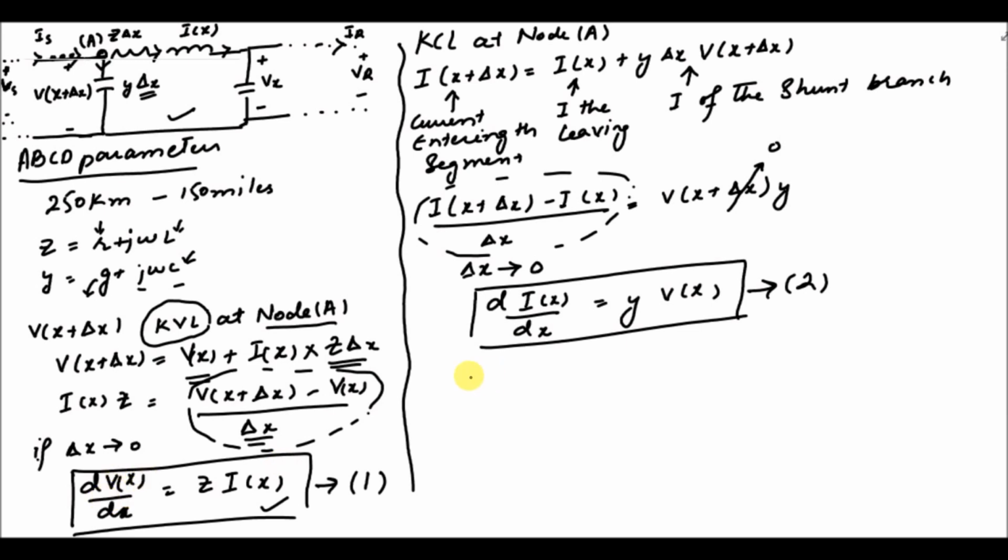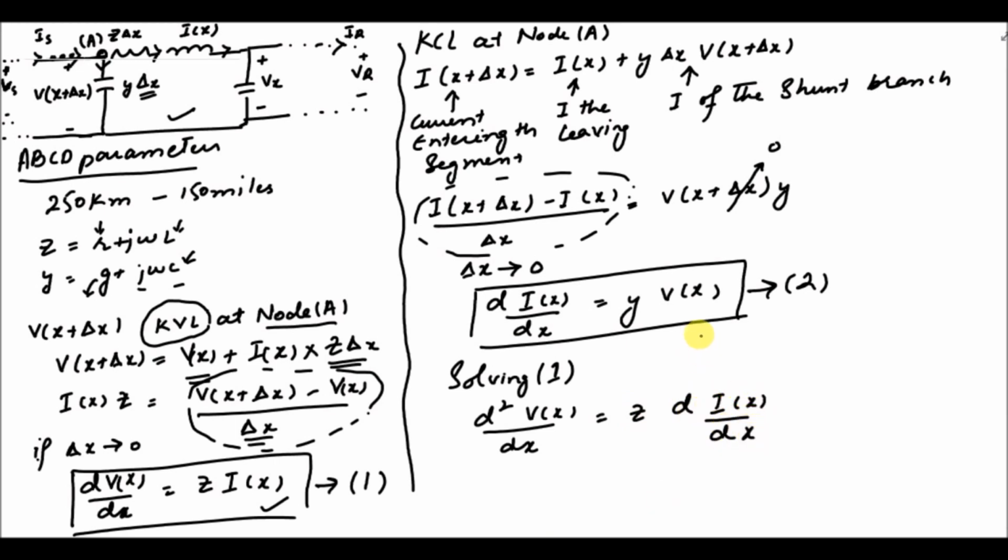So solving one, we are taking the derivative of equation number 1 with respect to x. It will become d square Vx over dx square equals z dIx over dx.